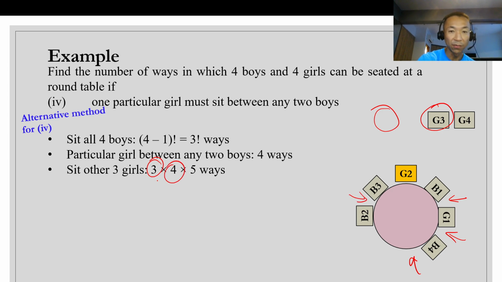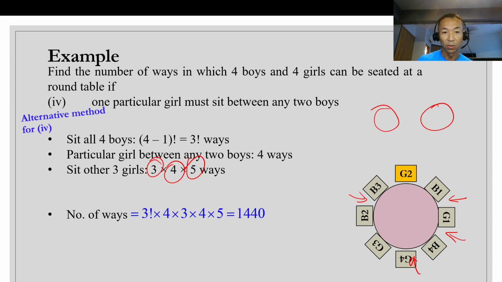So that's why you get a 4. Then the last one, you have 5 ways. That's how you get the 5. So the answer will still be the same, but it's a little bit unorthodox. I don't really recommend it, even though it is technically not wrong. Thank you.